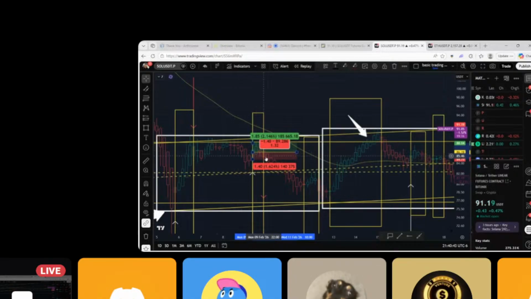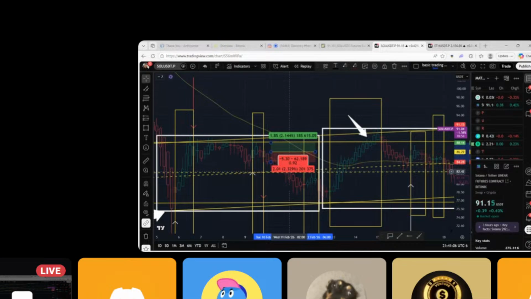Now on the next move, see how this box breaks down. Before I even get a chance to make a move to close my trade, by the time this notifies me that the 4 hour is going down, more than likely I'm already down 2.3%.